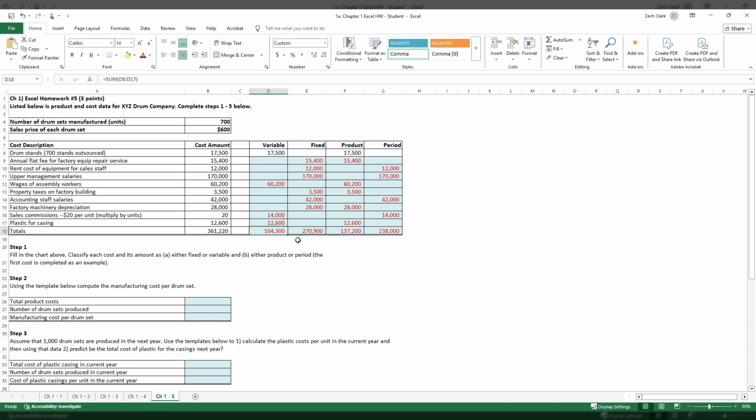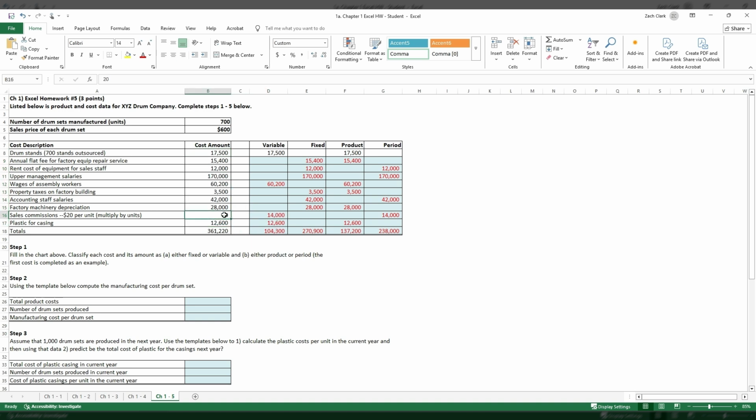So our total variable cost is 104,300, fixed is 270,900, and the summation of those should add up to the same total, 361,220. Oh, sorry, it's this one.